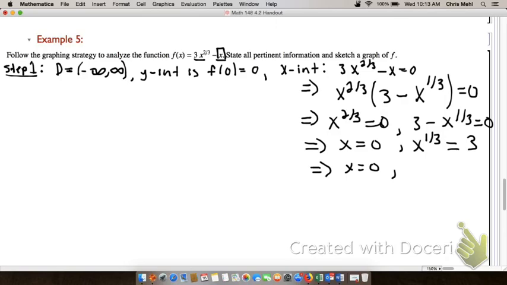And then if you cube both sides on the right equation, x is going to equal 3 cubed, which equals 27. Okay, so that gives me the domain, x and y intercepts, and that's all the information that we require on the original function itself.